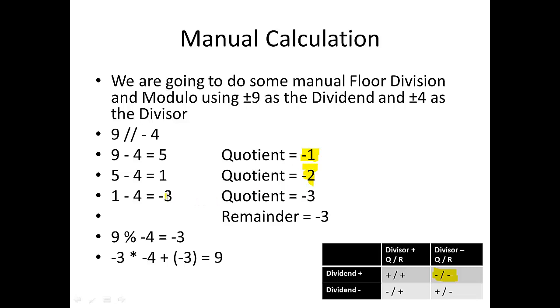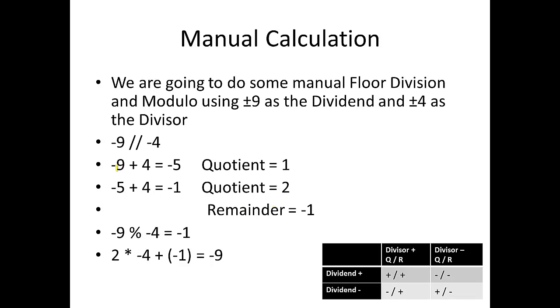And since we need the negative, we do it once more. 1 minus 4 equals negative 3. So our quotient is negative 3, and our remainder is negative 3. Therefore 9 mod negative 4 equals negative 3. Checking our work, we do negative 3 times negative 4 plus negative 3 equals 9. And 9 is the same thing as we started with up here.